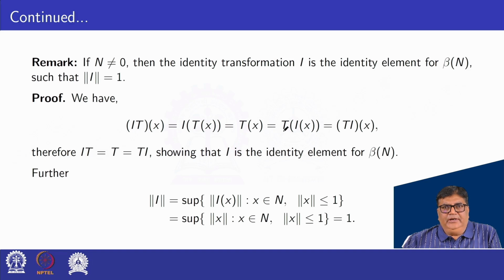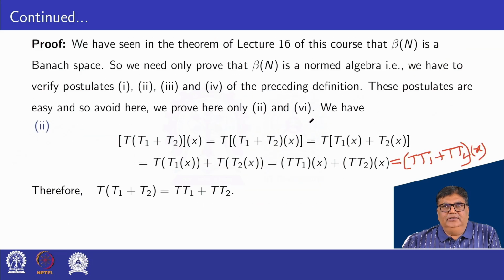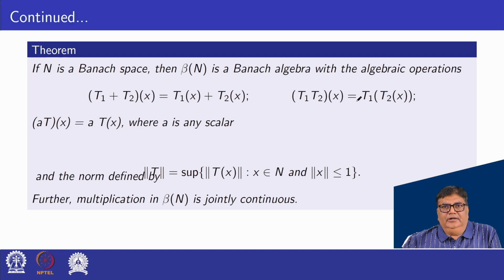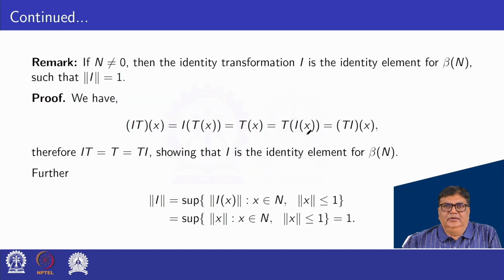Also it can be written as TIx, and again by the property we can write T(Ix). Therefore IT equals T equals TI. This shows that I is the identity element for B(N).